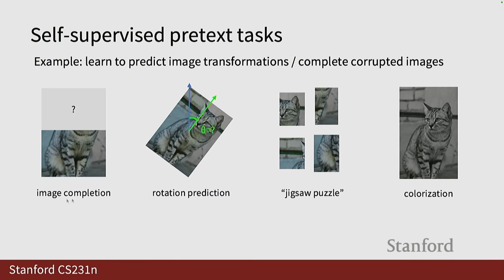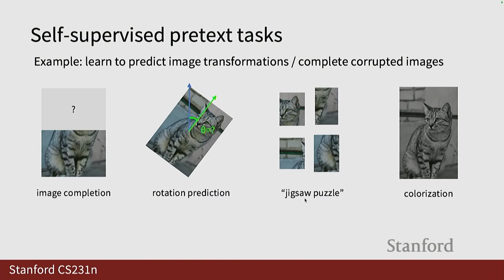So one example would be image completion, where we mask half of the image or parts of the image, and we define a task to, given the parts that are unmasked, predict the parts that are masked. Or, for example, we rotate the image by a specific angle, and the task is to take the image as input and predict the rotation angle that it has gone through.